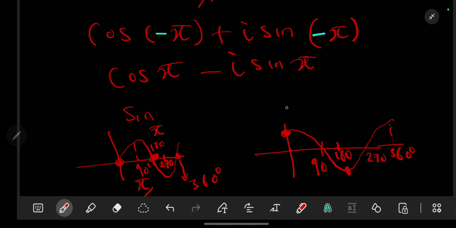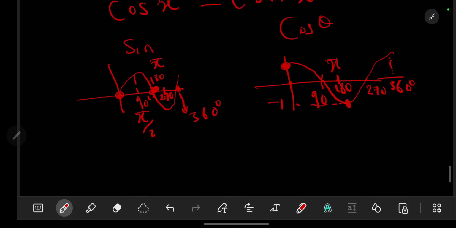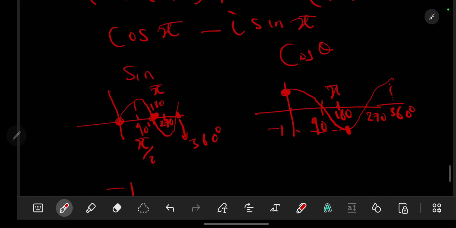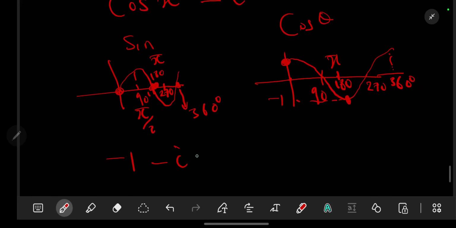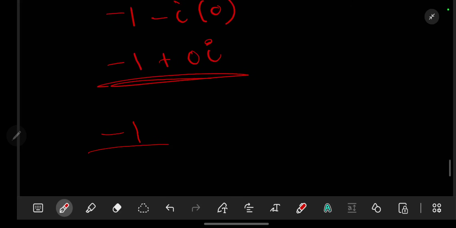So the cosine of 180, which is pi, is equal to negative 1. That is how we evaluate. Cos of pi is equal to negative 1, then minus i times the sine of pi, which is 0. So this is what we have: negative 1 plus 0i. You can even end here, or if you want you can say this is equal to negative 1.